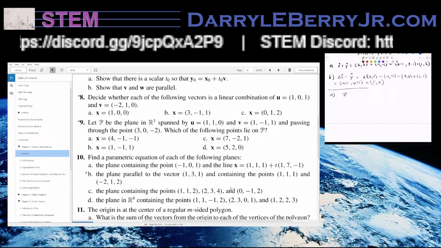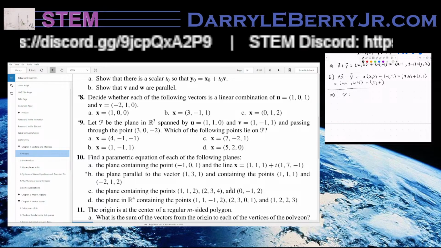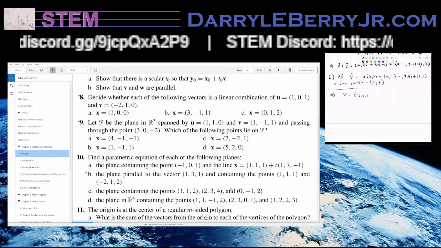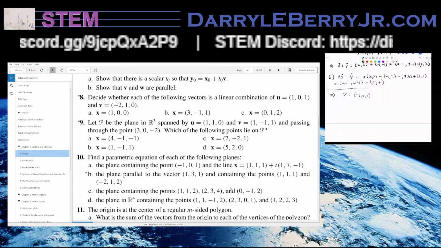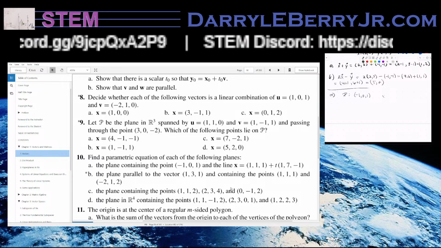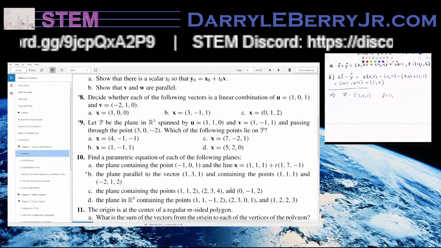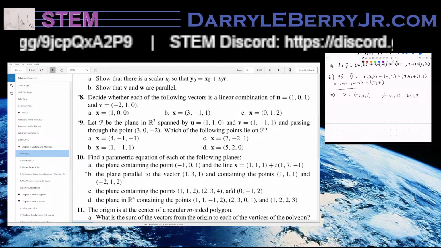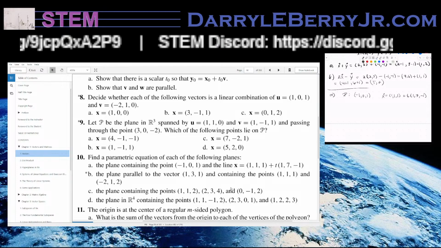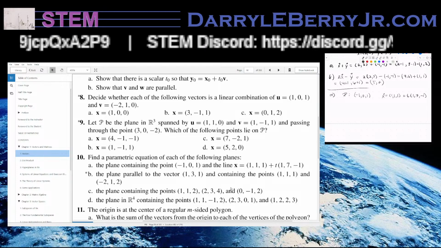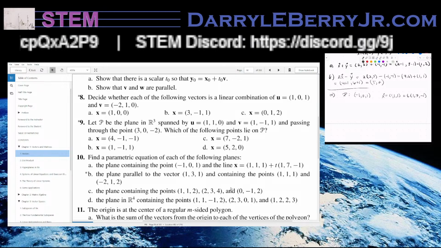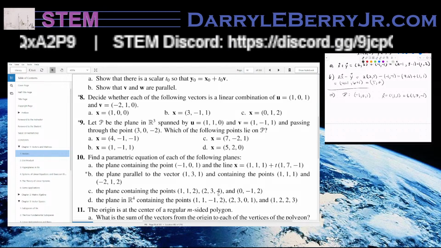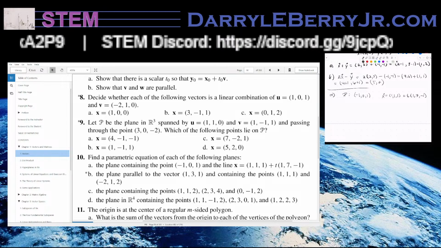I'll use this symbol for a plane that contains the point negative 1, 0, 1, and the line x equals 1, 1, 1 plus t times 1, 7, negative 1. I believe I wrote that correctly. So you want the parametric equation of the plane containing that.